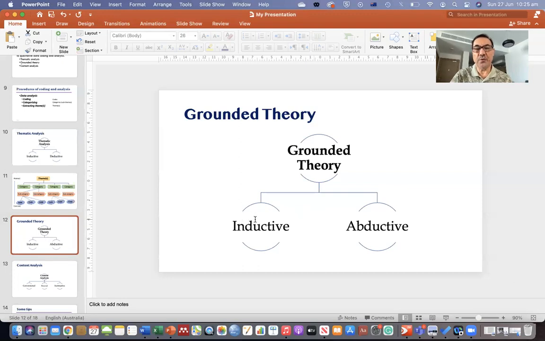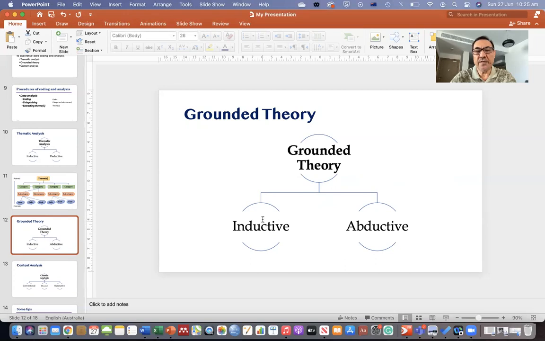Glaser stuck to the inductive approach and believed that that's the essence of grounded theory, whereas Strauss and Corbin suggested an abductive approach. The difference is the place or the role of theory in research.